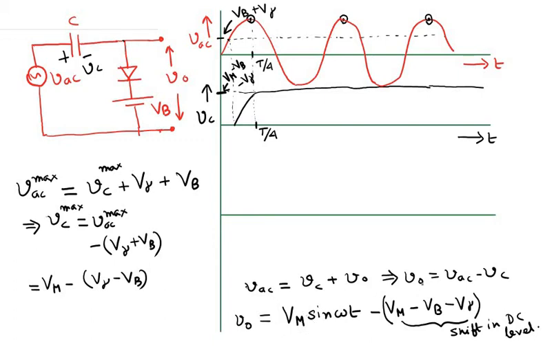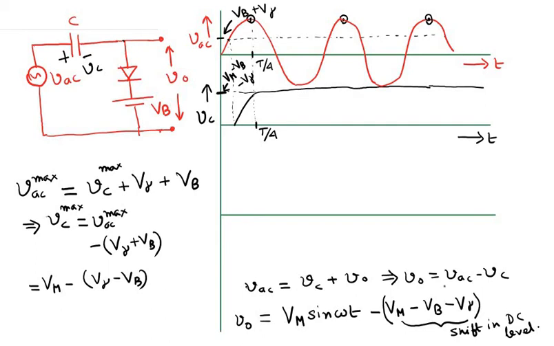So Vm cannot be changed, and V gamma is a constant that also cannot be changed. What can be changed is this voltage Vb. By changing Vb, we can alter the DC level of my signal.